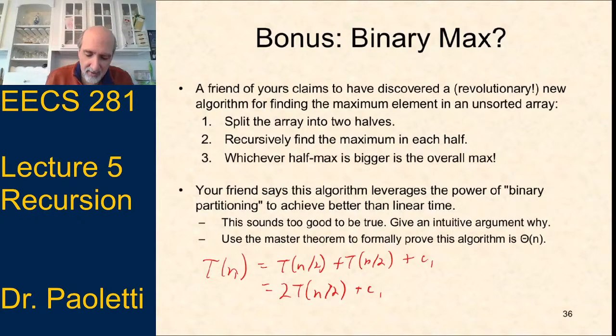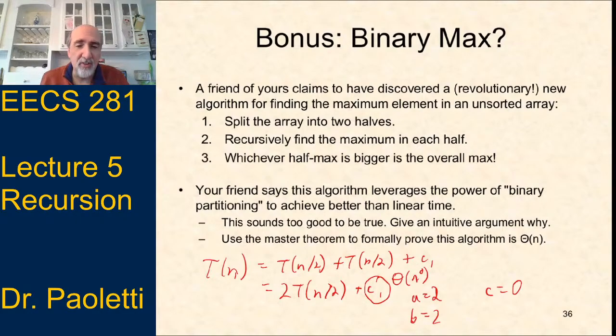Master Theorem. A is equal to 1, or sorry, 2. A is equal to 2, B is equal to 2, C is equal to, it's not c1. This thing is of the form big theta of n to the 0th power, so C is equal to 0. So how is A related to B to the C power? Well, 2 is greater than 2 to the 0th.